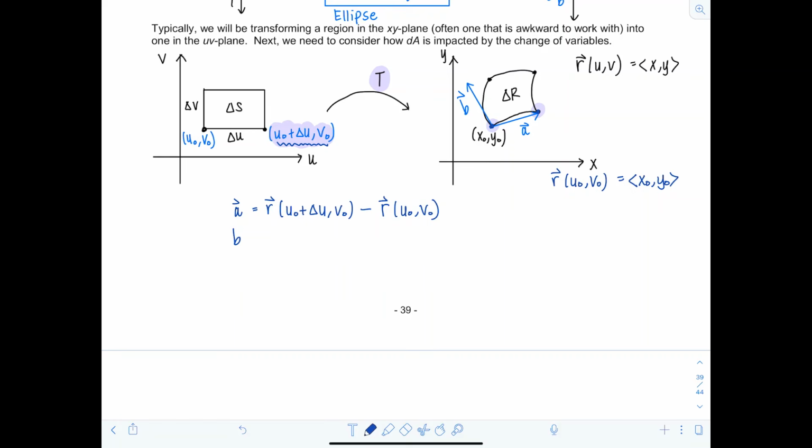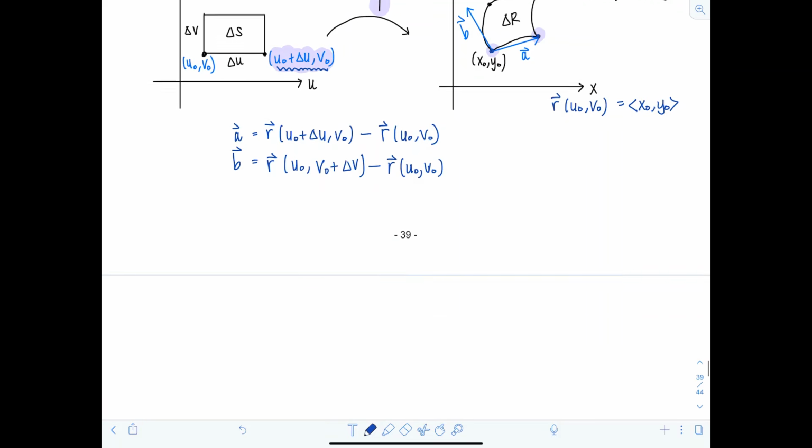What about vector B? Similarly, that would be r of u naught. Now that one's changing in the y direction, so it would come from a change in v. So (u naught, v naught plus delta v) minus r of (u naught, v naught). Okay. So what do I want to do? Well, I want to see what happens as I let delta u and delta v go to 0.